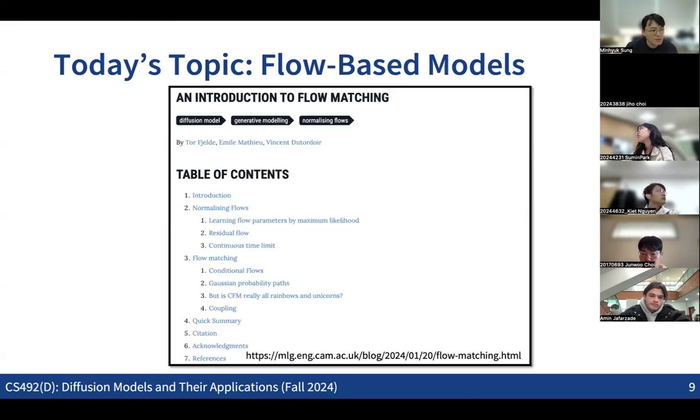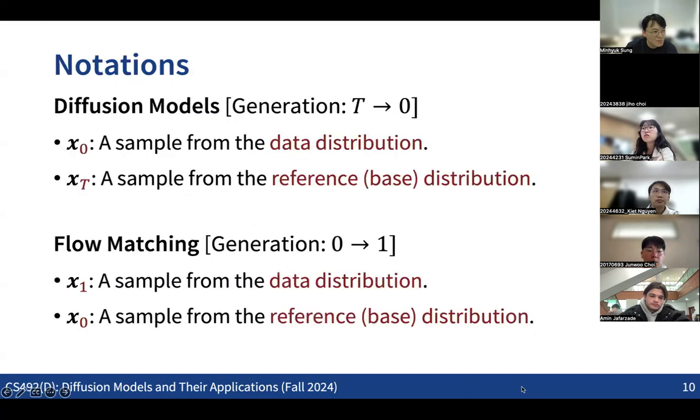Before we start to discuss the flow-based model, one important thing is that we are going to slightly change the notation. In the diffusion models, we considered a diffusion process in the time domain, which decreases from T to 0.